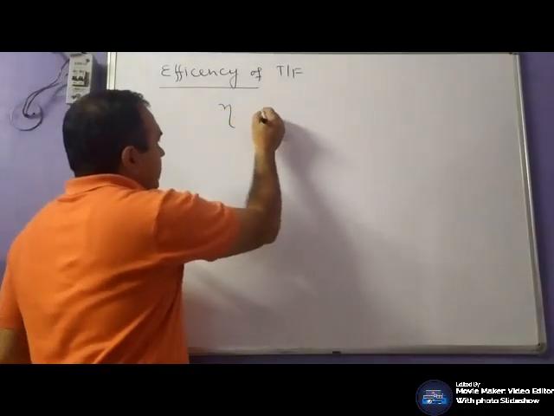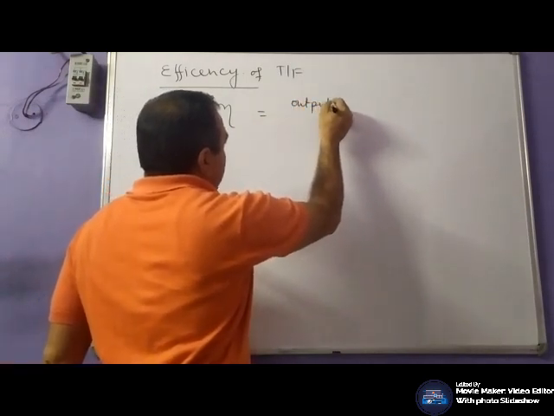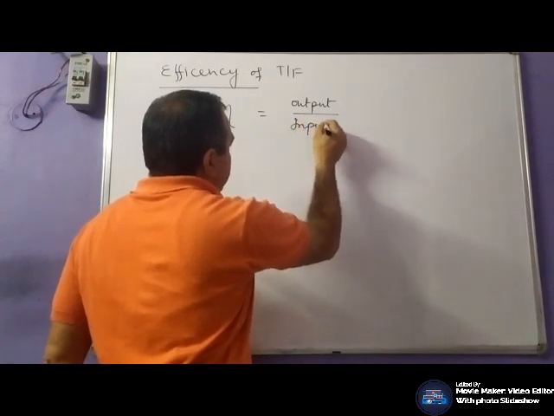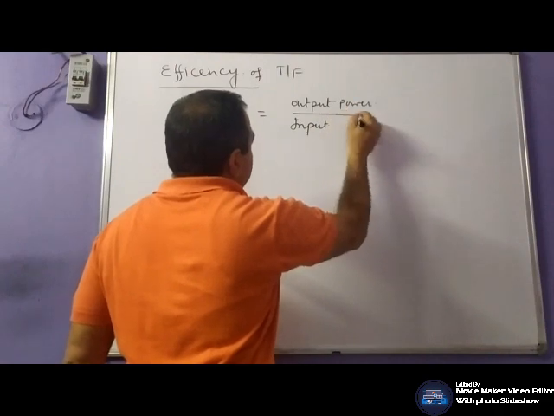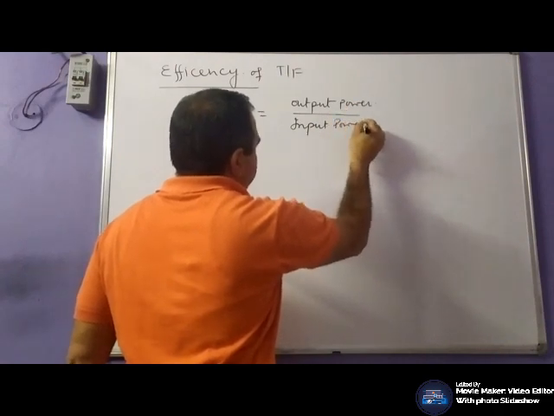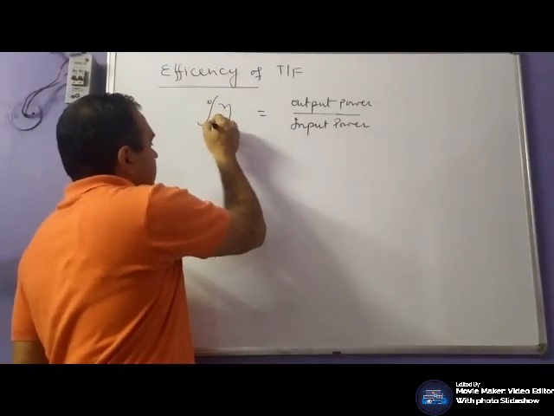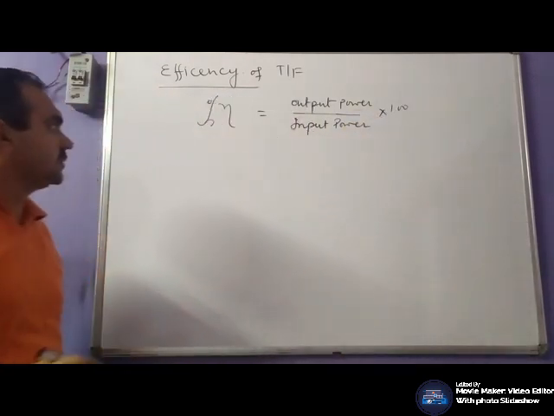Simply, efficiency is the ratio of output power divided by input power, and if you want to find the efficiency in percentage, this can be multiplied by 100%.